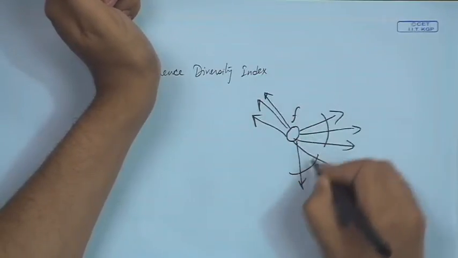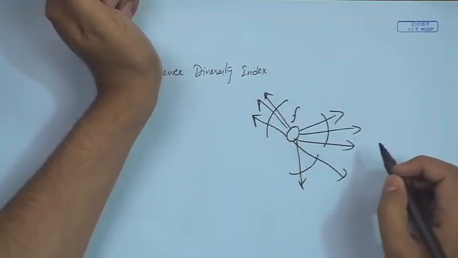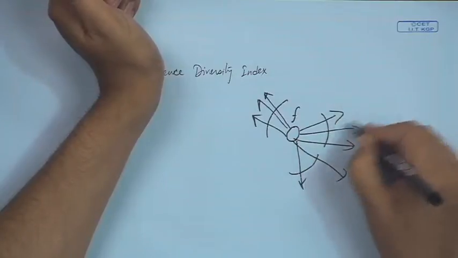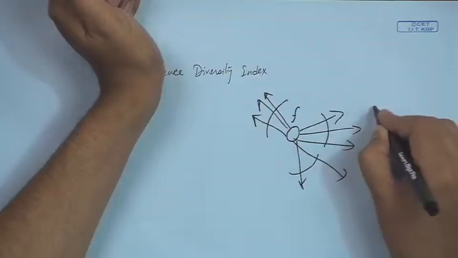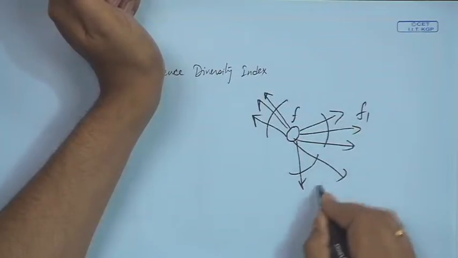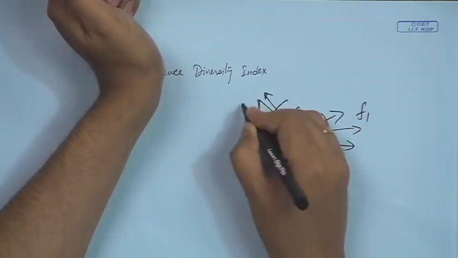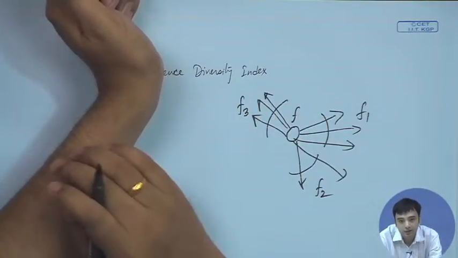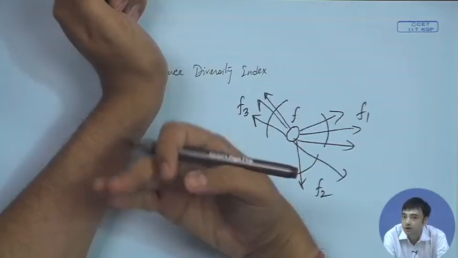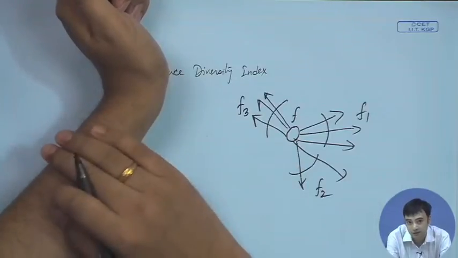If this is the field F for which we were trying to quantify interdisciplinarity, we were saying how many of its outgoing edges go to some field F1, another field F2, a third field F3, and so on. And in this way, based on these proportions, we tried to quantify the reference diversity index.